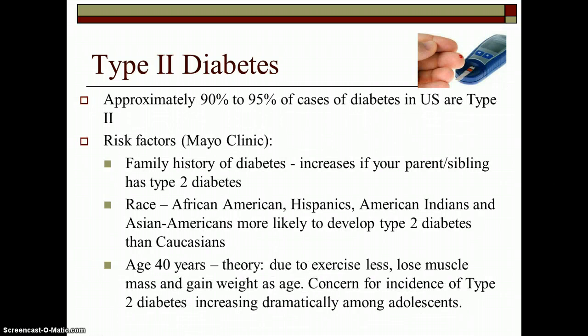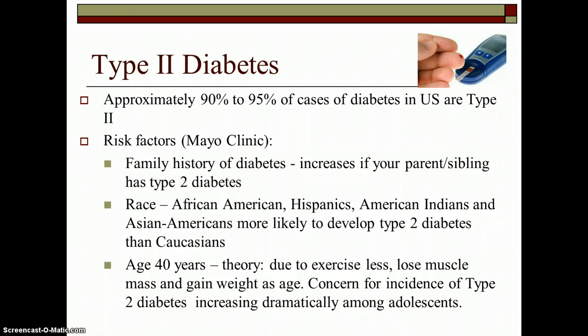Approximately 90 to 95% of our cases in the U.S. are type 2, so the vast majority of them are. The risk factors, again, are going to be if you have a family history of it. African Americans, Hispanics, American Indians, and Asian Americans are more likely to get type 2 diabetes than Caucasians, and over the age of 40, with the thought being that as we age, we tend to exercise less, we naturally lose our muscle mass and gain weight.